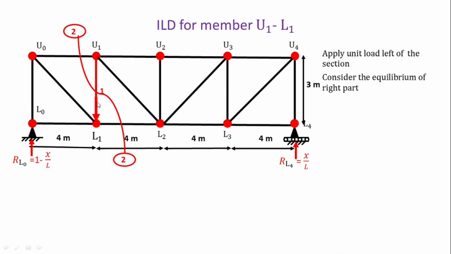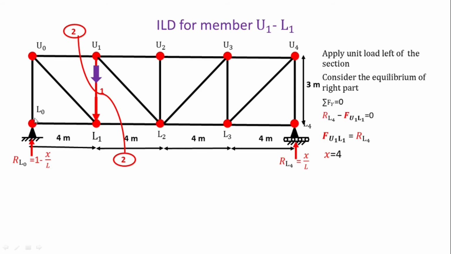Then again we have to assume the direction of this U1 L1 but on the right hand part only. So here again the same condition, considering that it is a tension force. Apply the sigma Fy condition. So the equation is RL4 minus FU1L1 is equal to 0, because vertically upward is plus and vertically downward is minus. So FU1L1 is equal to RL4.